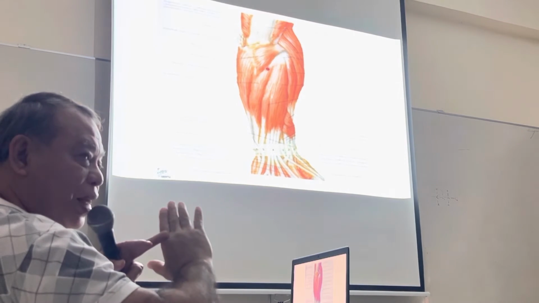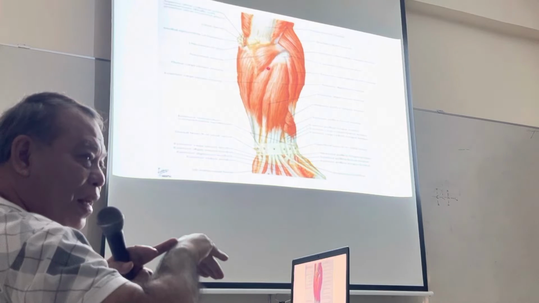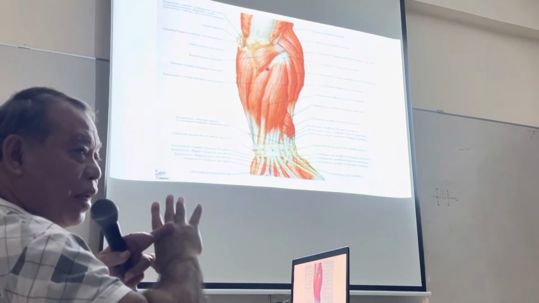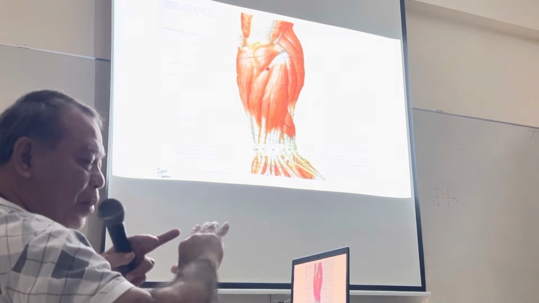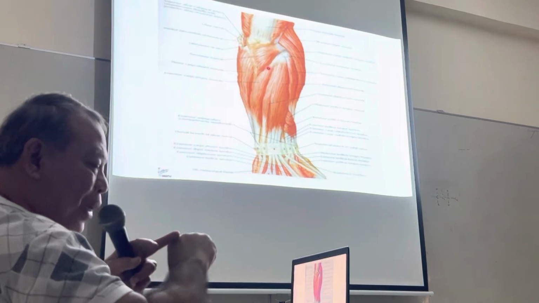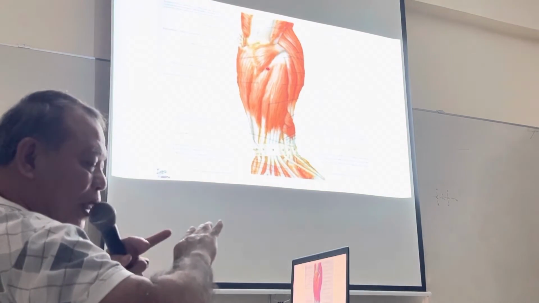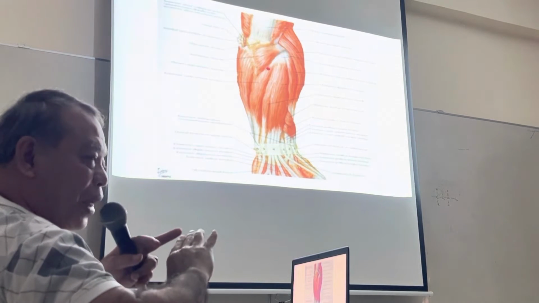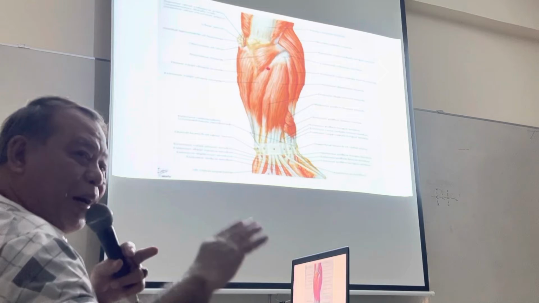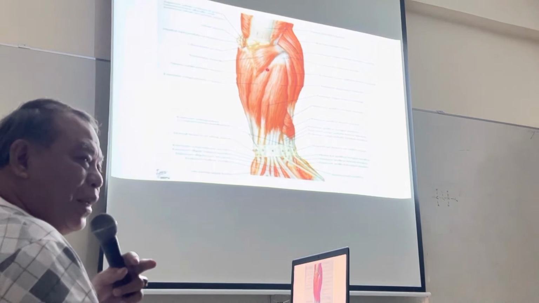What is this? Metacarpal. This is the phalanges. What is this joint? The knuckles, correct. But they are still joints. This is metacarpal, this is phalanges. So what is this joint? Metacarpophalangeal joints.